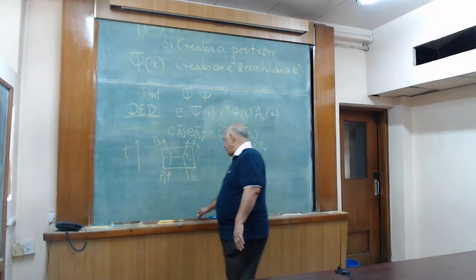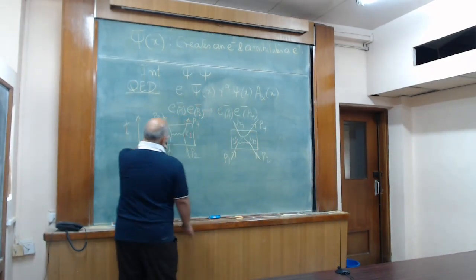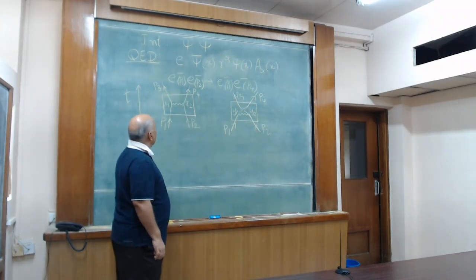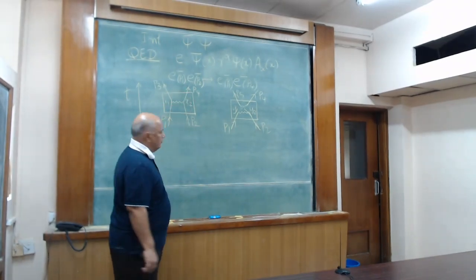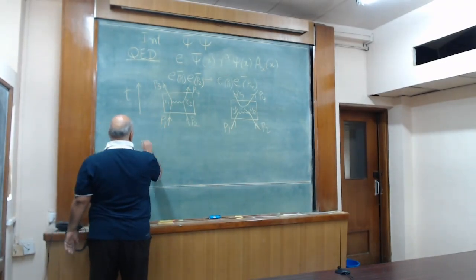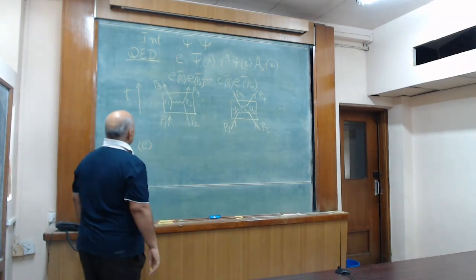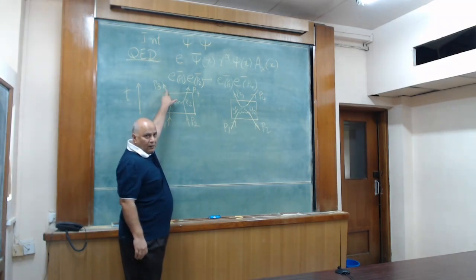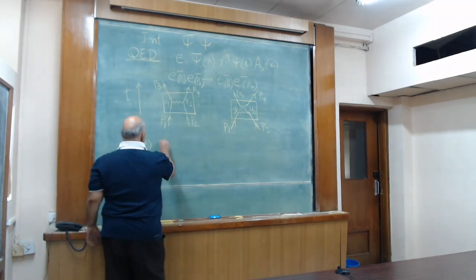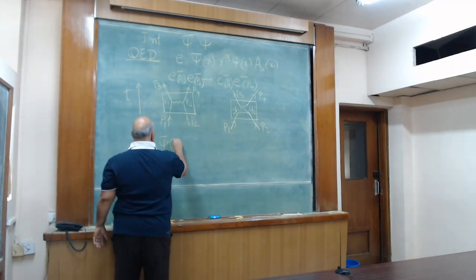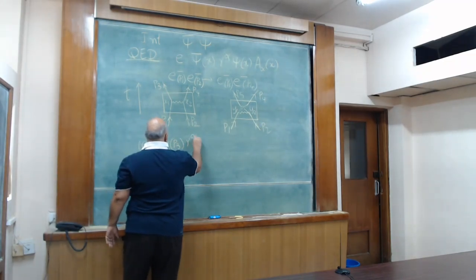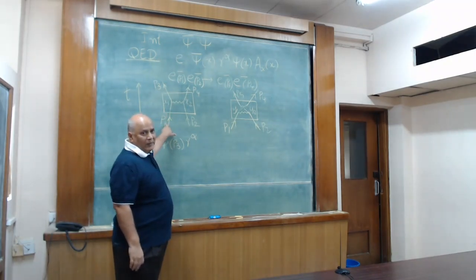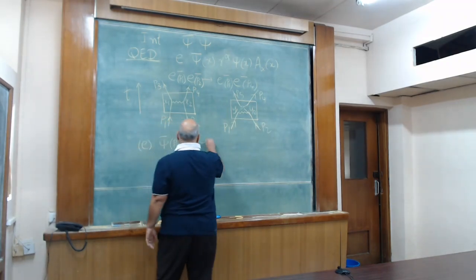So let us write down the amplitude of this using that interaction. So I have the coupling constant e times, this P3 fermion is being created, so I have psi bar P3 gamma alpha, and this P1 fermion is being annihilated, so psi P1.